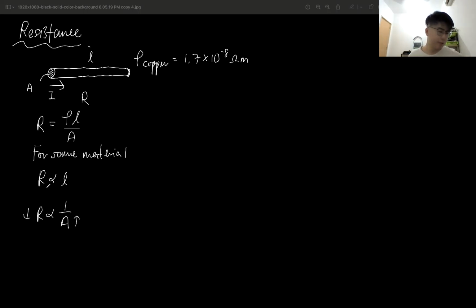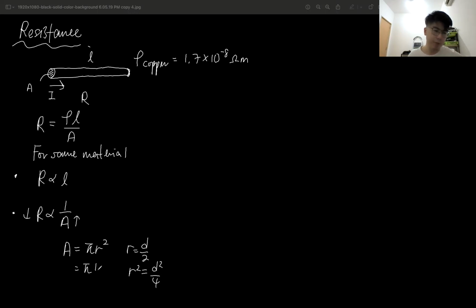And sometimes they ask for the diameter as well. So this is 1, this is 2. We can also express it in terms of the diameter. The cross-sectional area of the circle is pi r squared. r equals diameter divided by 2, so r squared would be d squared over 4.